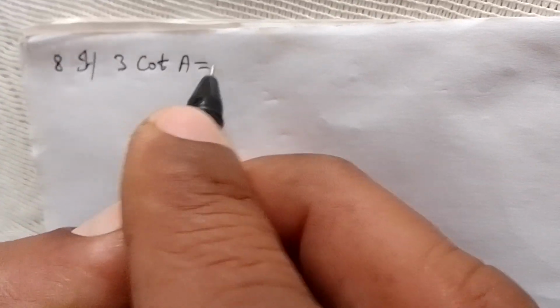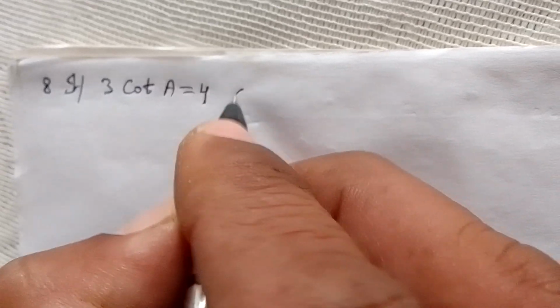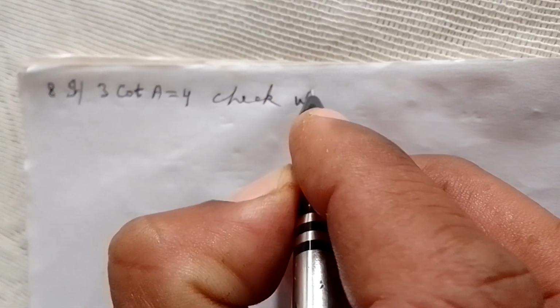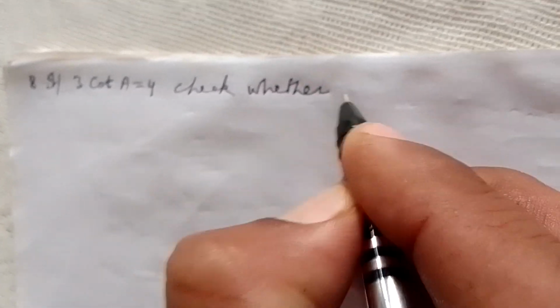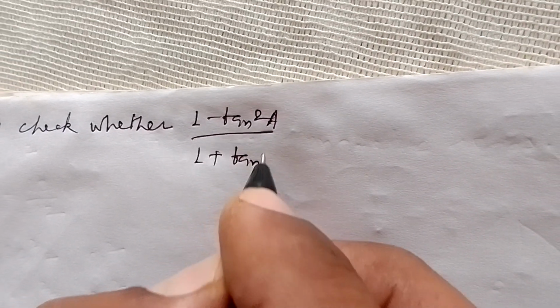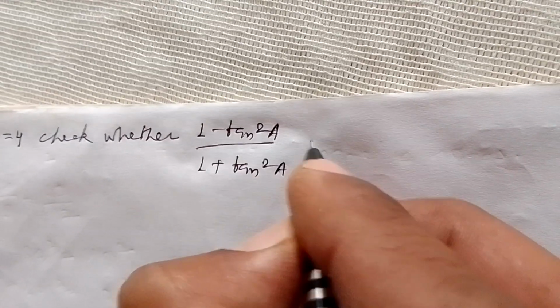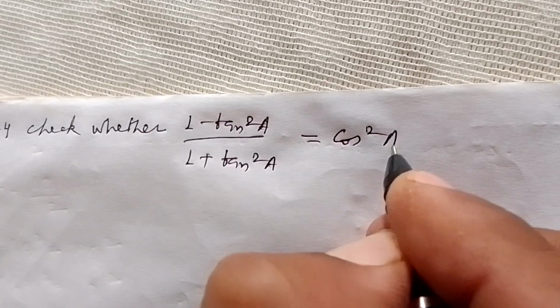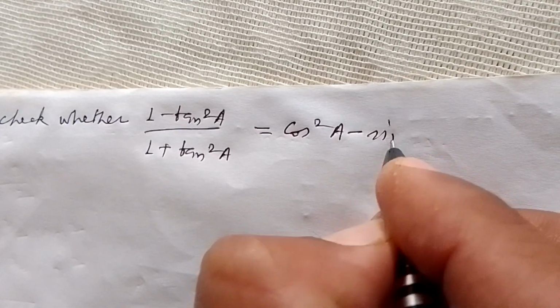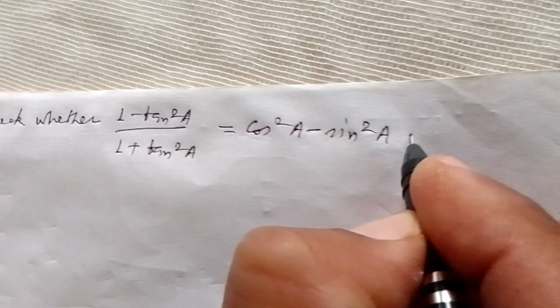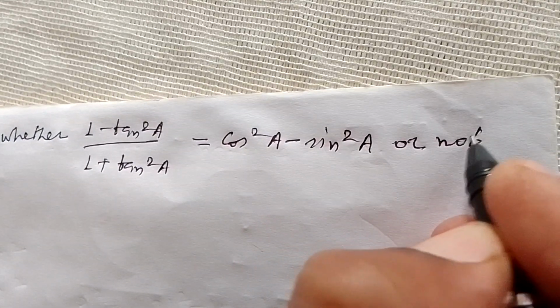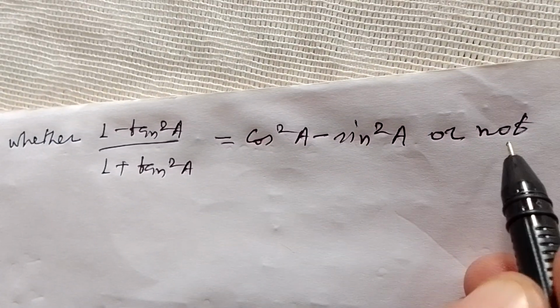The question is, if 3 cot A is equal to 4, check whether (1 minus tan square A) divided by (1 plus tan square A) is equal to cos square A minus sin square A or not equal. This equation is equal or not equal.